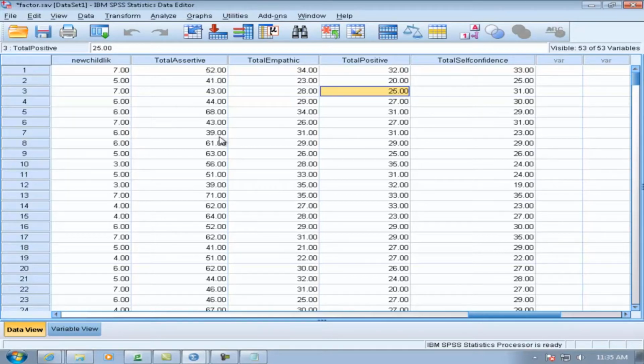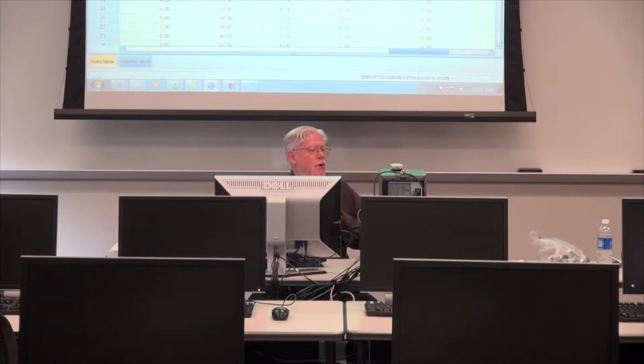But we're going to go back and have to do some averaging, okay? So we're going to have to divide this one by 11, divide this one by 5, divide this one by 5, and divide this one by 5 to be able to get what we call a common metric, a common calibration.